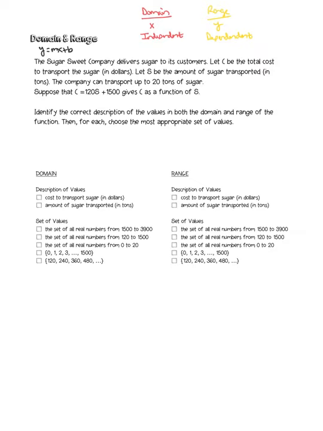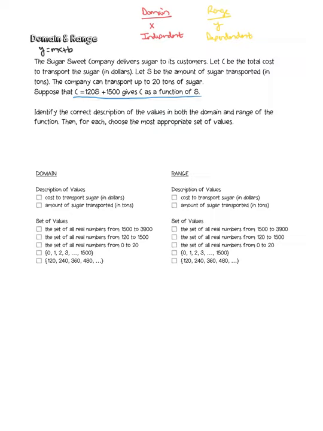So let's talk about the Sugar Sweet Company. Delivers sugar. C is the total cost to transport sugar. S is the amount of sugar transported in tons. And the company can transport up to 20 tons of sugar. And here is our equation. Gives C as a function of x.